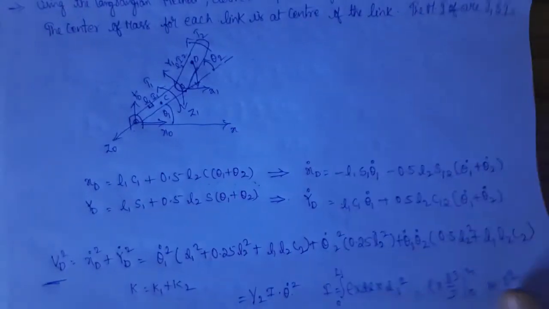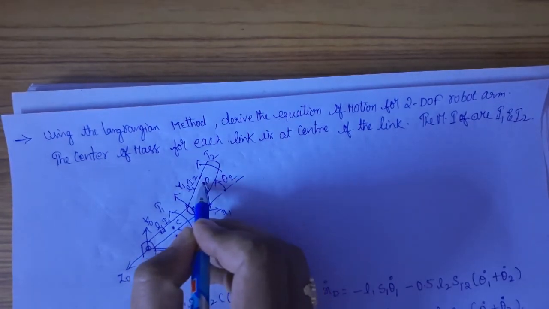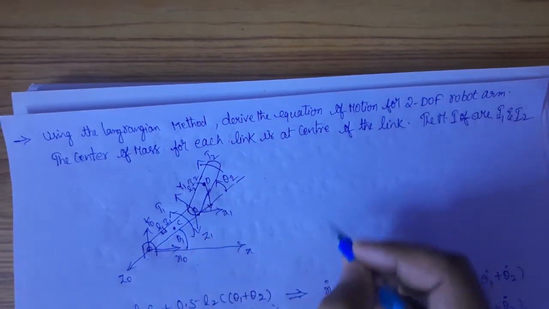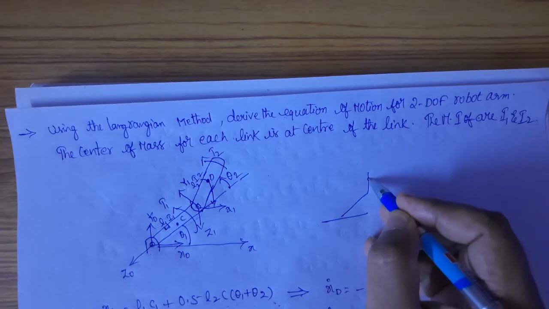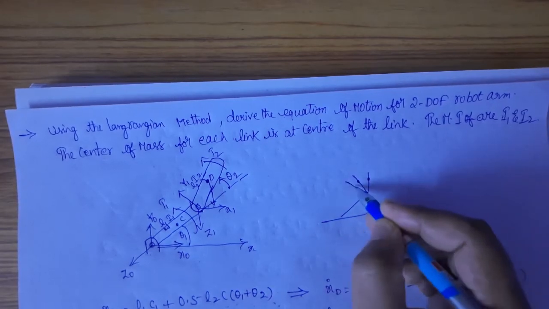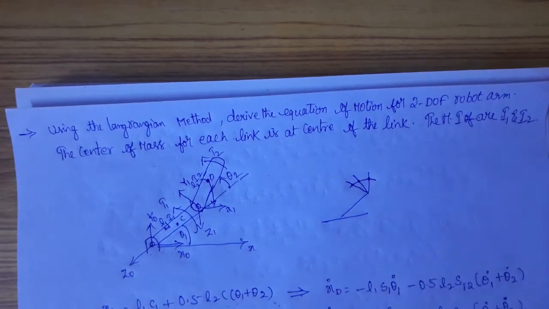If we go for the second link, here we are having two motions. The link is moving with respect to the mass. Suppose we have a link like this, and the mass is moving from here to here, as well as having a linear motion.